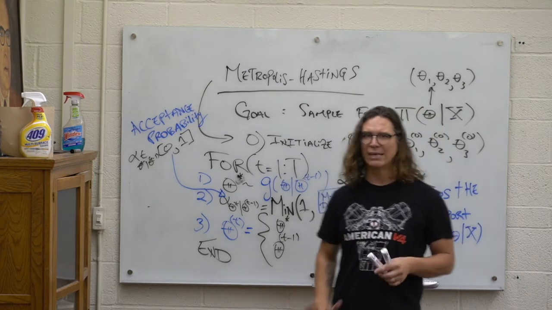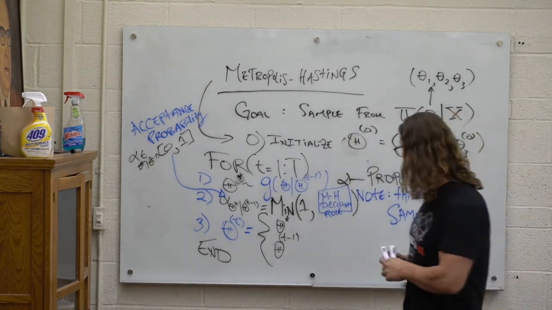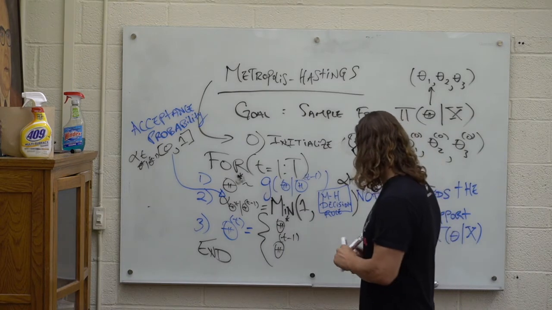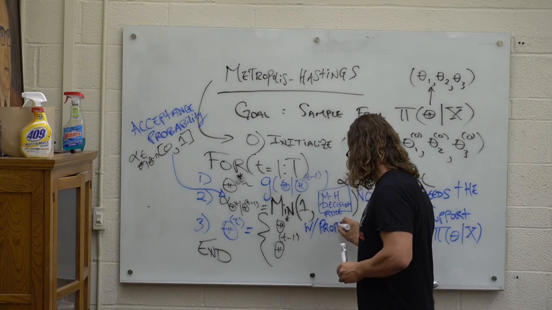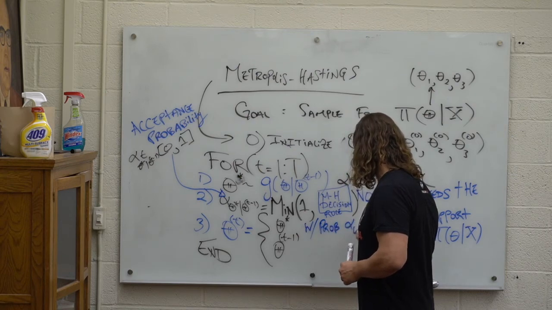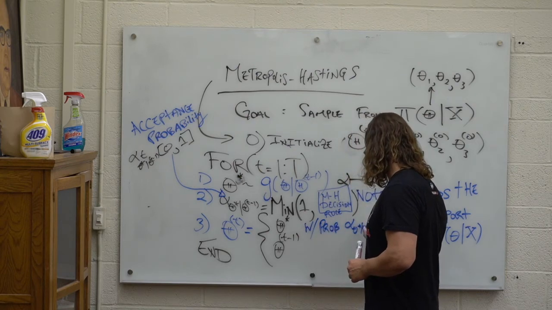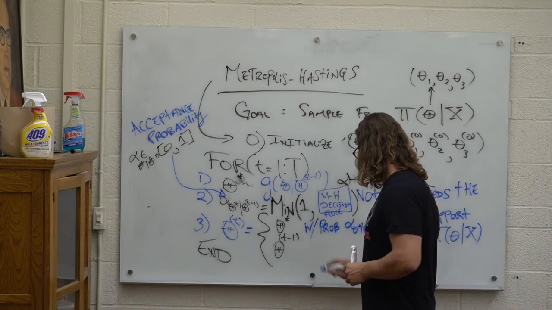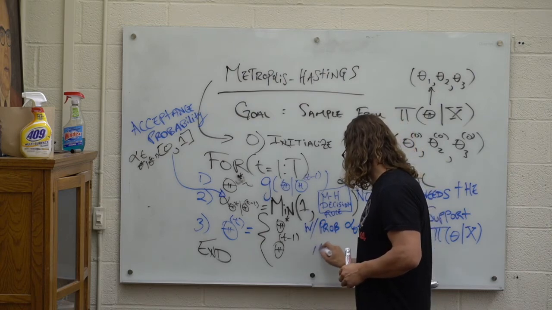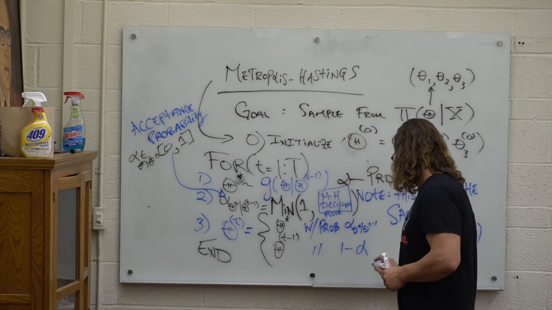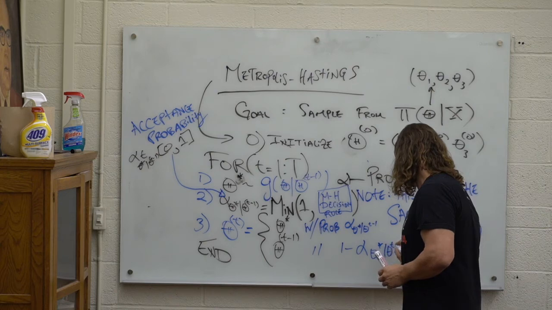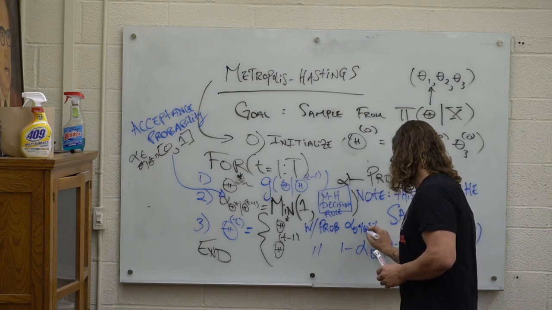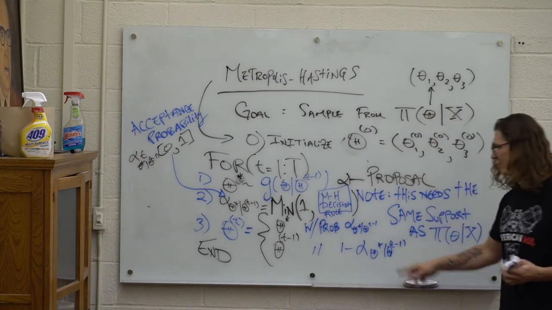We'll talk about the implications of all of that next week. So this is going to happen with probability alpha of theta star given theta t minus 1. And this is going to happen with probability 1 minus alpha. This is just notation for a probability.